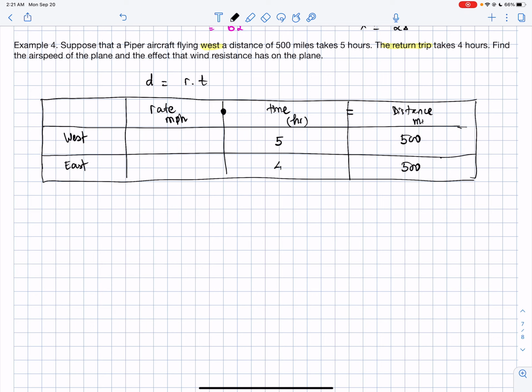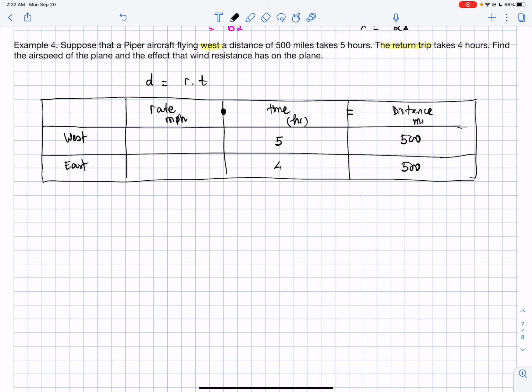So we have the same distance, but the time is different. When the flight goes west versus east, the return is a shorter time, 4 hours. So we can understand that there's a wind effect on the speed of the airplane.